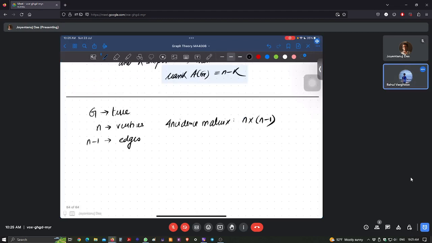Non-singular means it is full rank, my determinant is not equal to 0.